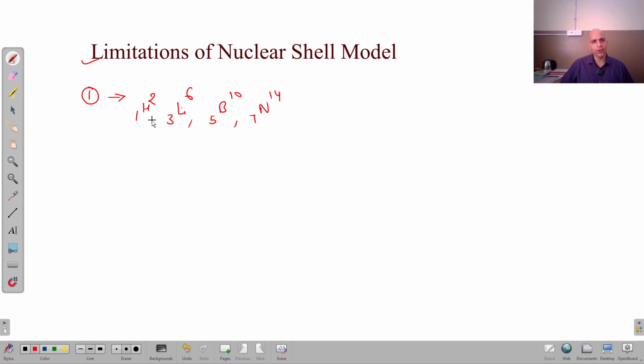Now these four nuclei you can see here, hydrogen 1H2, lithium 6, boron 10 and nitrogen 14. These nuclei are stable nuclei in nature, but neither are these nuclei magic nuclei, nor is there a formation of a closed shell. So why are these nuclei stable in nature? The shell model has no answer to this question.